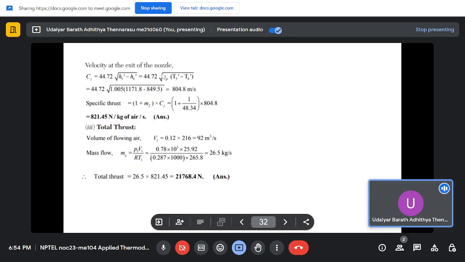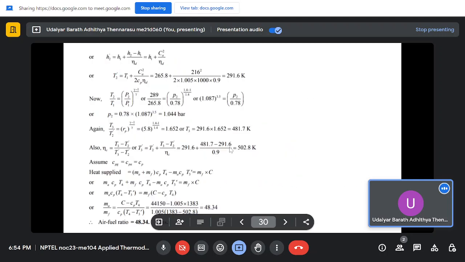Now we need to find the total thrust. To find it, we need the mass of air. Specific thrust into mass of air gives me the total thrust. For finding the mass of air, we need the volume flow rate into the density.